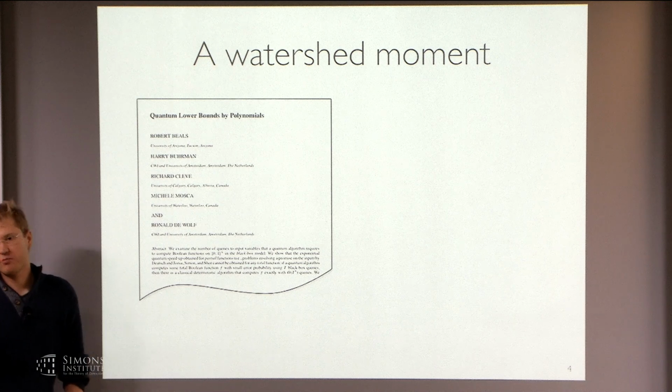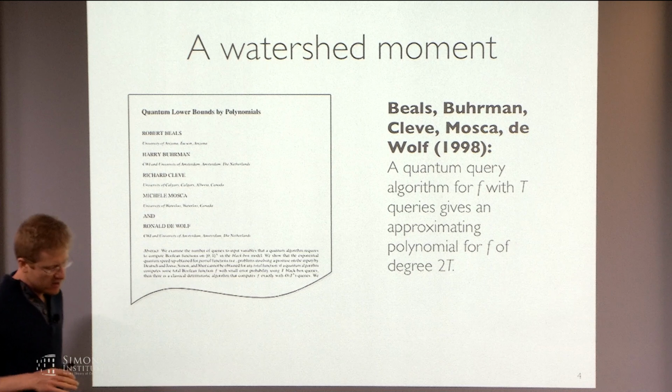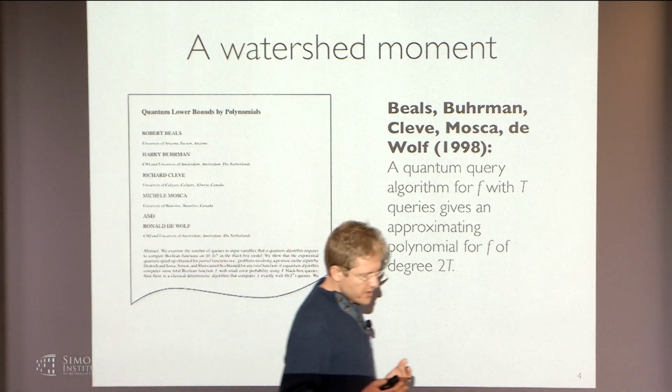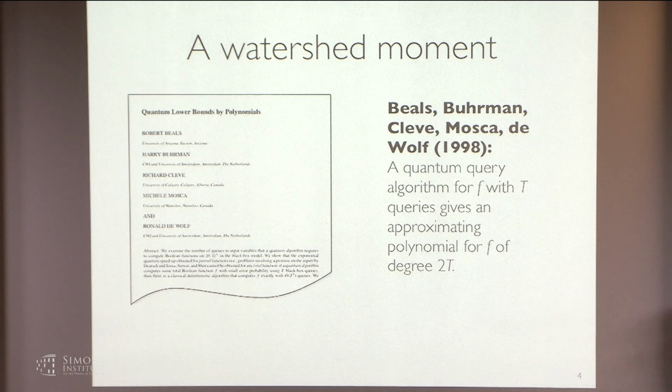Okay, a watershed moment for this quantity came with the publication of this work in '98 by Beals, Buhrman, Cleve, Mosca, and de Wolf. So they made the following simple but absolutely crucial pivotal observation. A quantum query algorithm for a function with t queries automatically gives you an approximating polynomial for the same function of degree 2t.